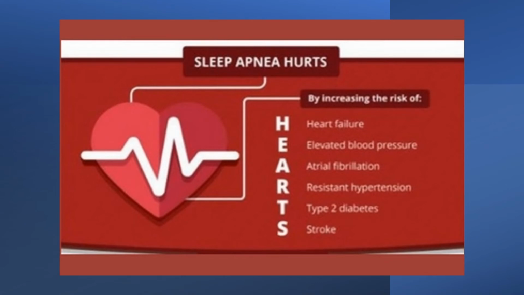Obesity is a well-established risk factor for obstructive sleep apnea, and the relationship between obesity and sleep apnea is likely bidirectional. Disordered sleep has been found to increase the risk of weight gain through physiological and hormonal changes, as well as behavioral changes.